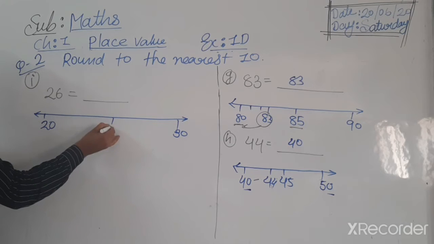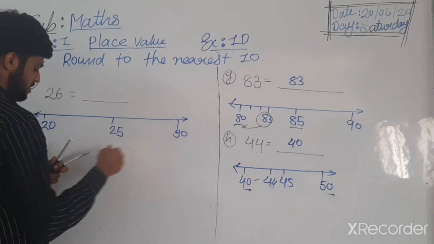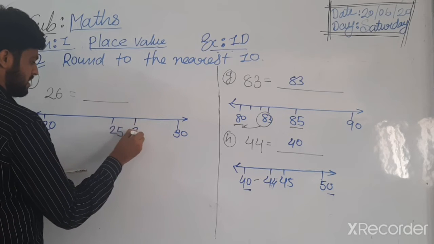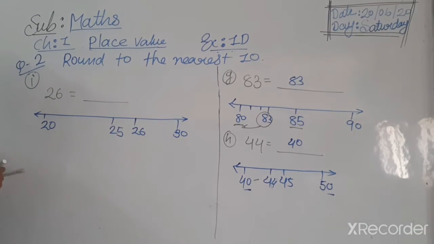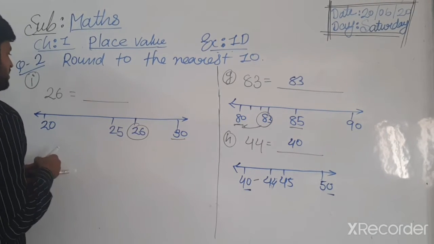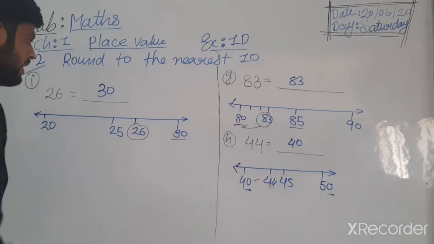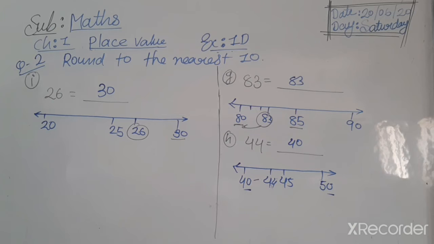In between is 25. 26 comes after 25, so the nearest number is 30. So we write 30. I hope you have understood all, students.